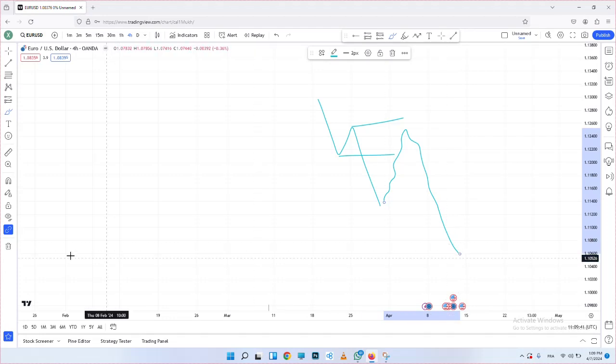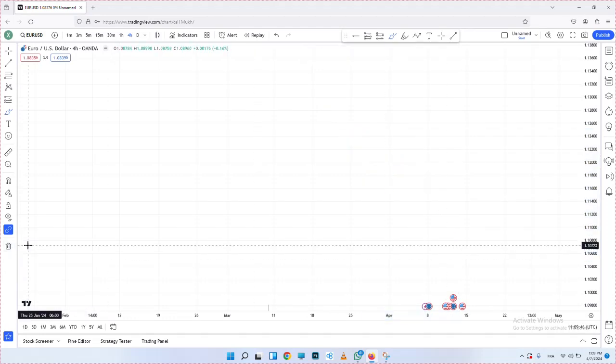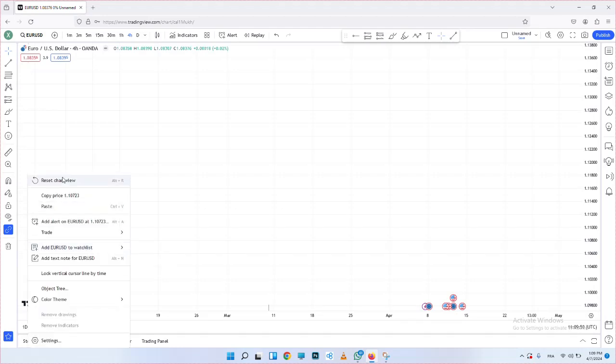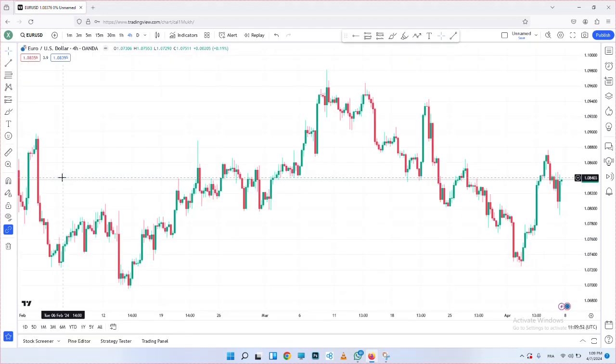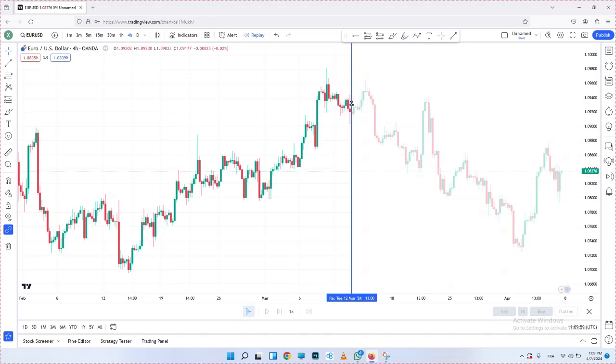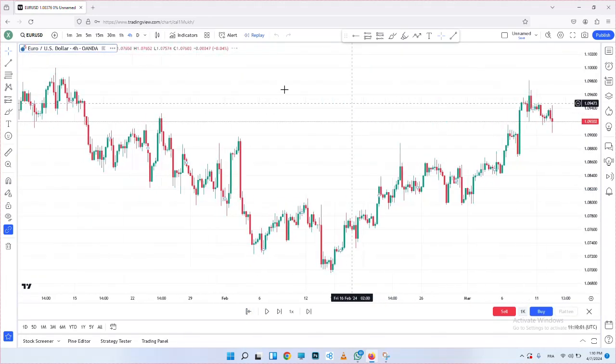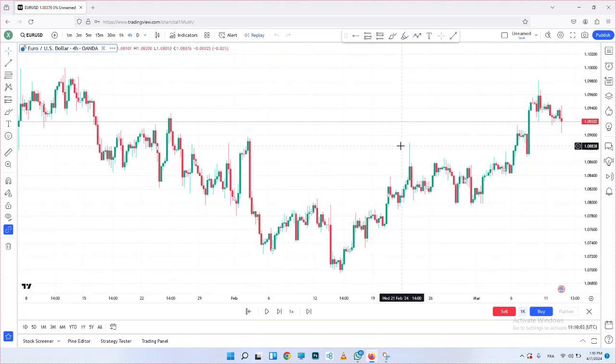Let me share some analysis I did about one week ago. So let me cut the charts. This is EURUSD, by the way.